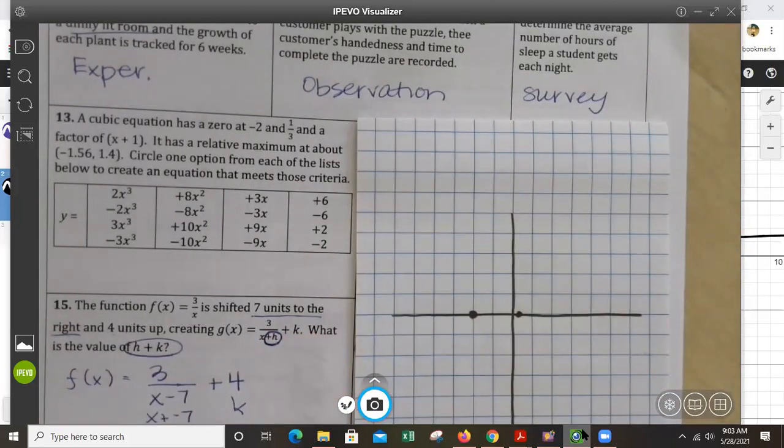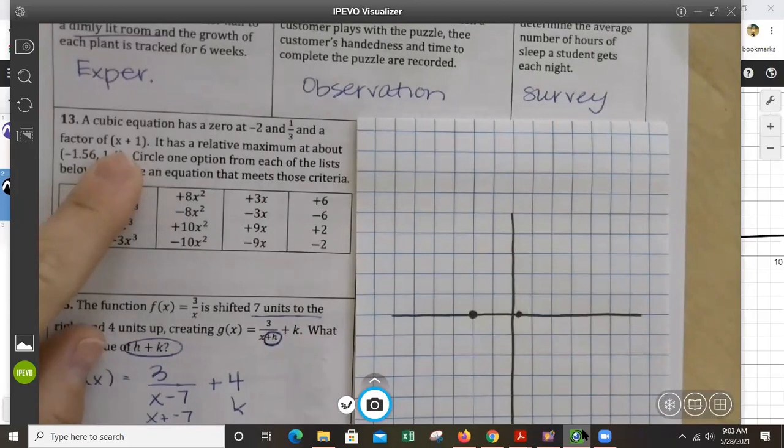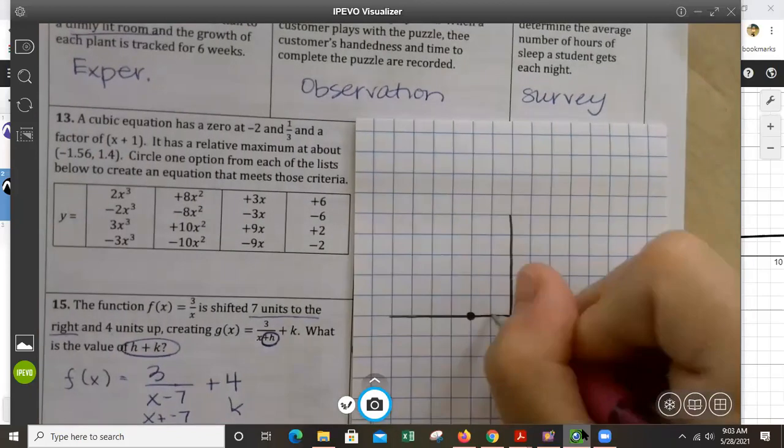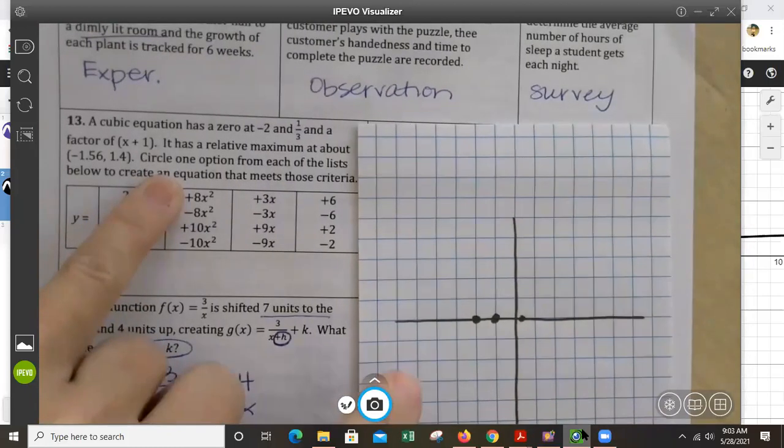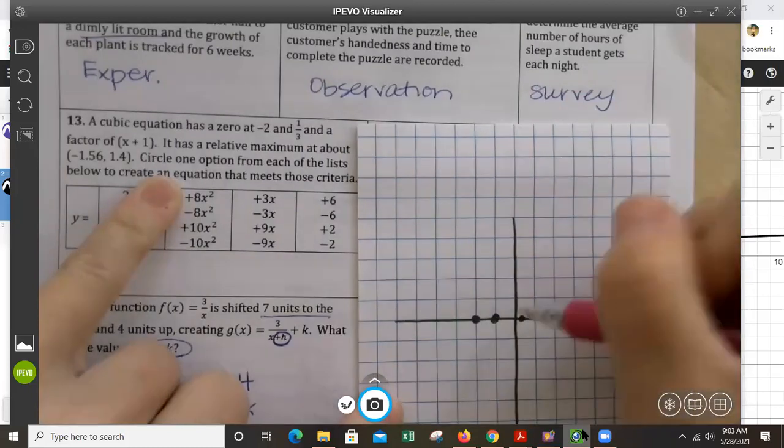If it has a factor of x plus 1, that means it has an answer of what? What kind of 1? Negative. Remember when we pull it outside, we change it. So it also crosses at -1. Very good. All right. It says it has a relative maximum at about -1.56.